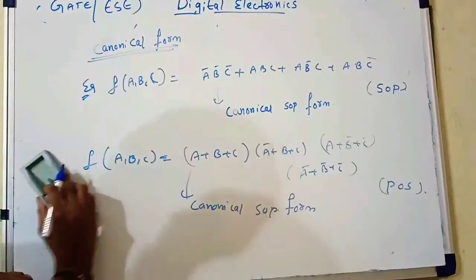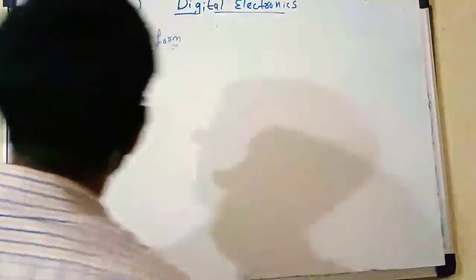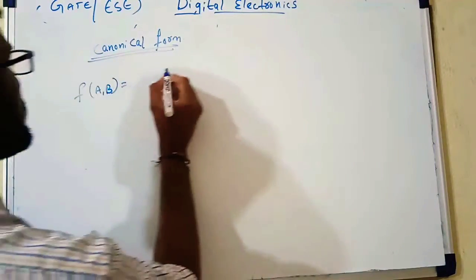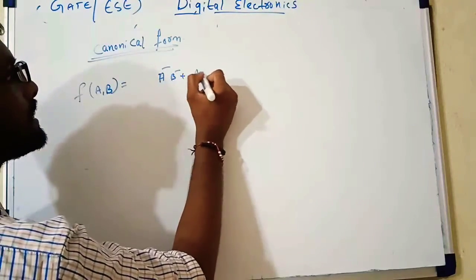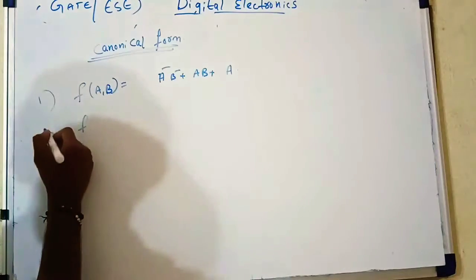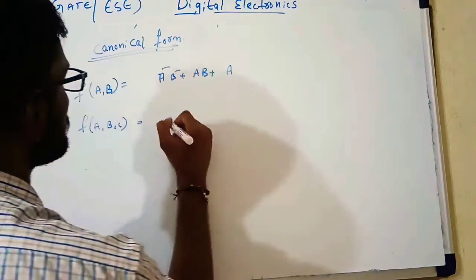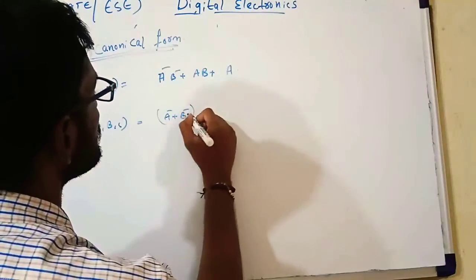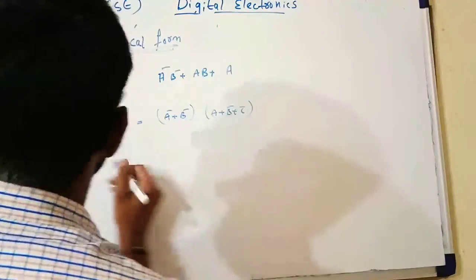Now let us see some examples regarding canonical forms and non-canonical forms. I am taking F of A, B equals A bar B bar plus A B plus A. This is the first one. The second one, F of A, B, C equals (A bar plus B) into (A plus B bar plus C).